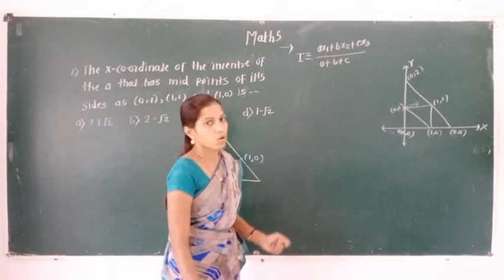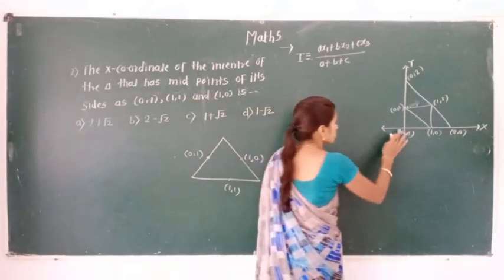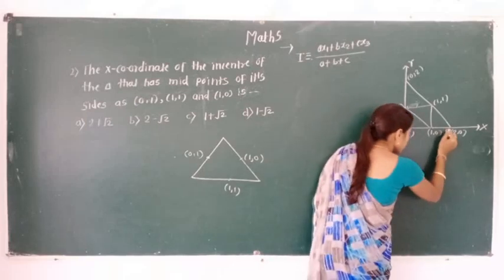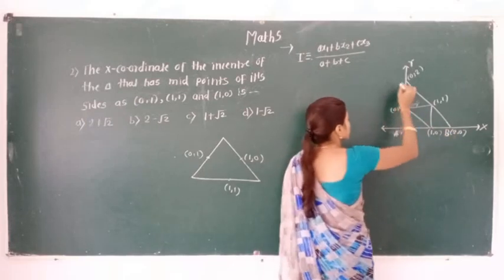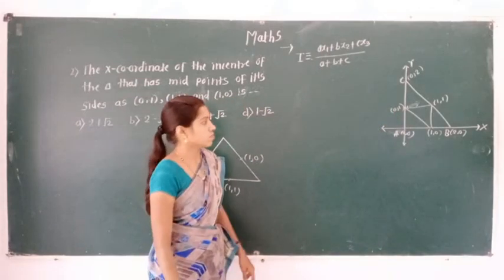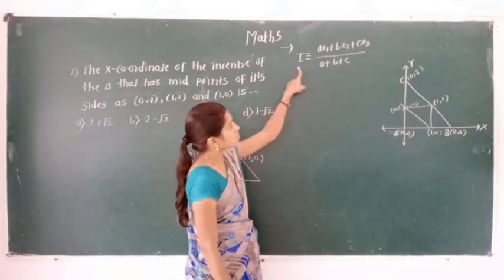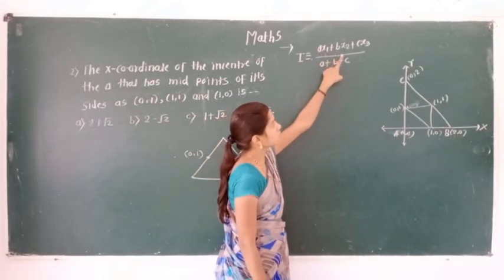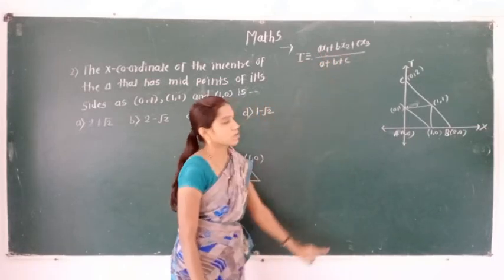First of all, we consider this triangle ABC, with vertices A, B and C. So the in-center x coordinate is (a x1 plus b x2 plus c x3) divided by (a plus b plus c).